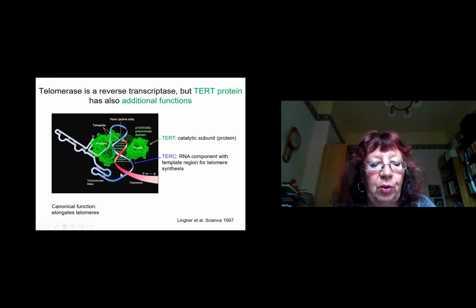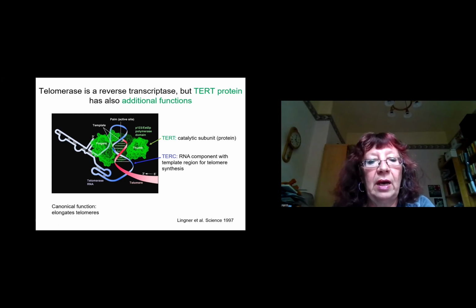As I already mentioned, these two components are important for the elongation of telomeres, which is called the canonical function. However, during the last 20 years, it became more obvious that there are also non-canonical functions, and I will focus on these additional functions, which normally relate only to the TERT protein.